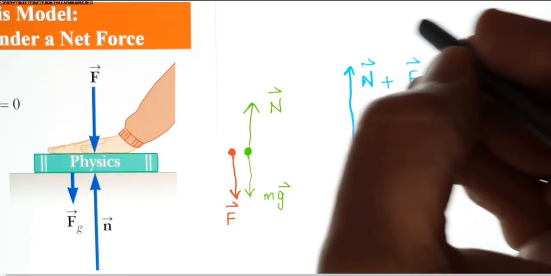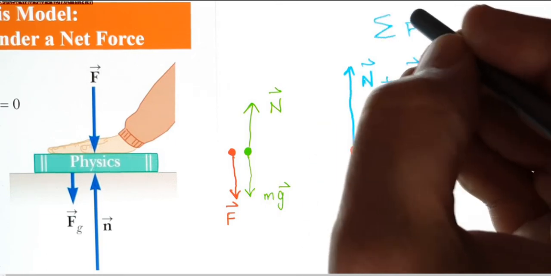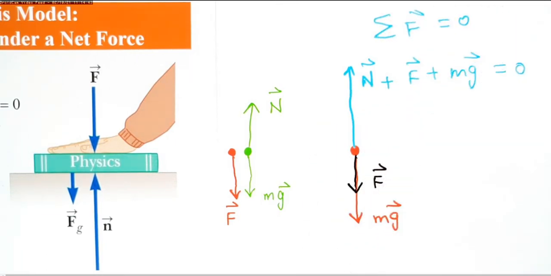And this is summation of forces equal 0, because the book is stationary, it's in static equilibrium.